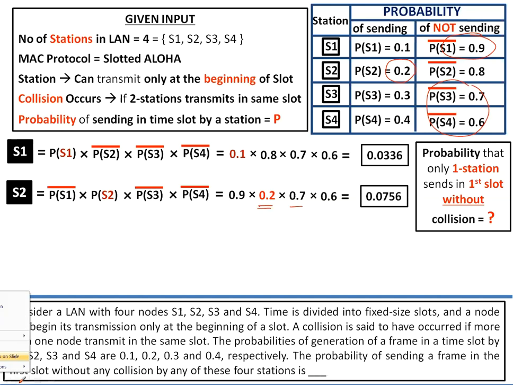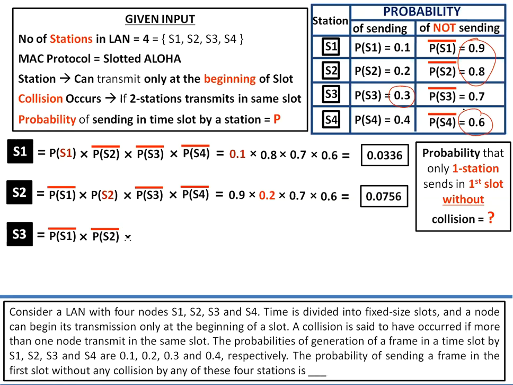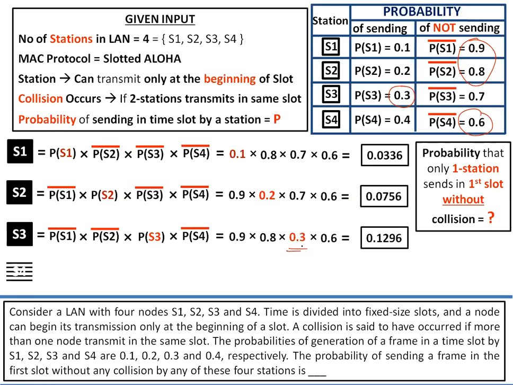Similarly, if S3 wants to send, S3 should take its sending probability, and all others should take their not-sending probability. If S4 wants to send, simple, S4 has to take its sending probability, and all others should take their not-sending probability.